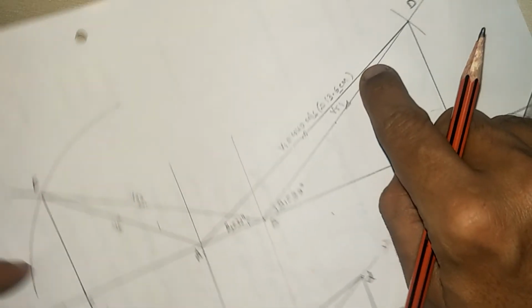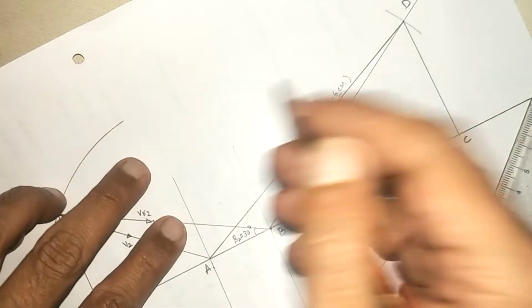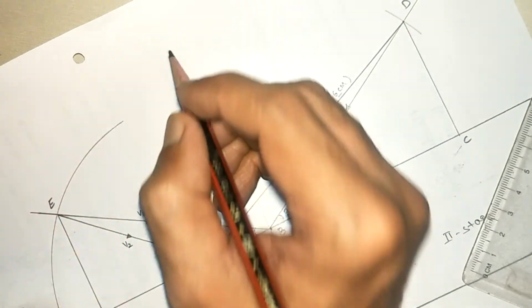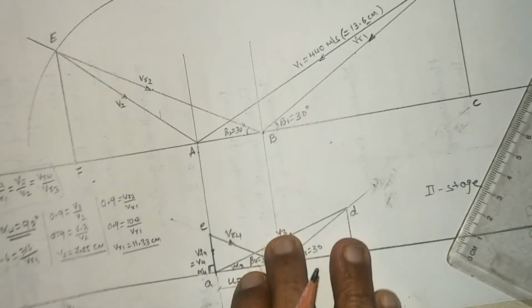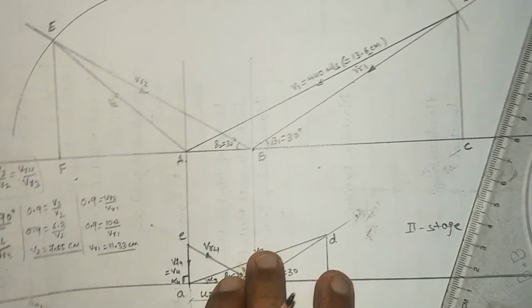By this we can easily calculate the scale. This is how you have to draw the velocity triangle. Hope it is understood.